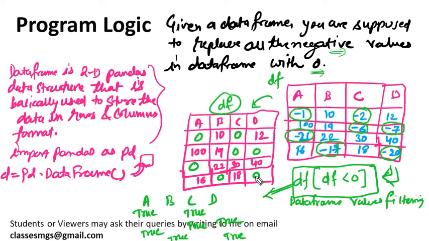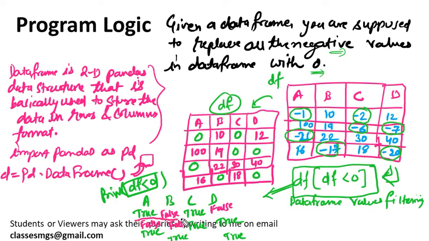Okay, what is the output of this statement? Actually I am going to write the output of df less than 0. What it will return, if you print this df less than 0, then it will print like this. It will return the boolean data frame that will have only true and false values, and this will be false, this will be false, and again this will be false, here it will be false.